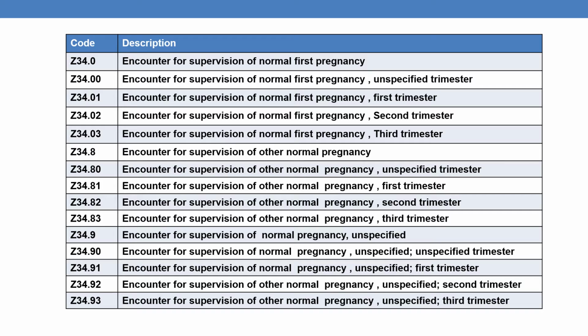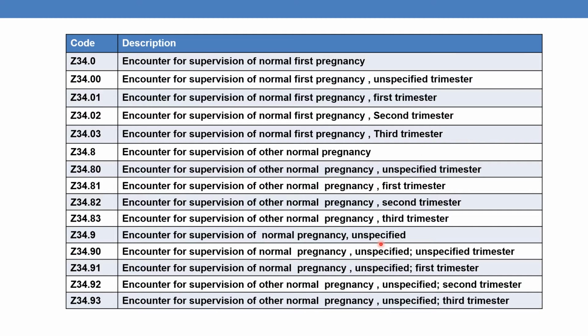Here are the overall codes for category Z34. The first one is Z34.0. It deals with encounter for supervision of normal first pregnancy. Here the fifth character 0 indicates unspecified trimester, whereas fifth character 1 indicates first trimester, fifth character 2 indicates second trimester, and fifth character 3 indicates third trimester.